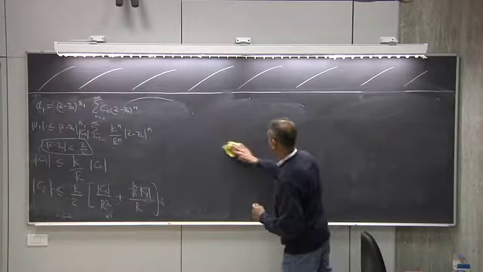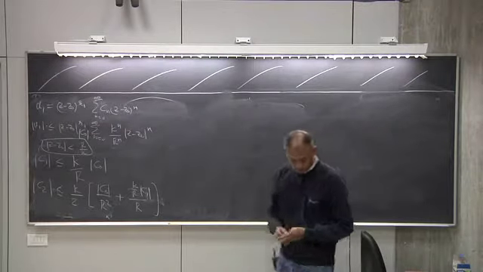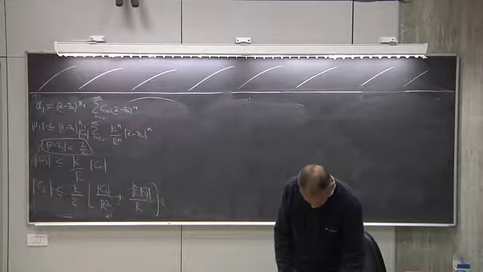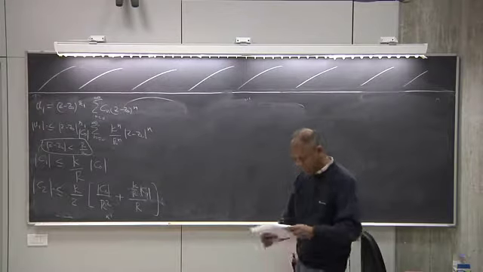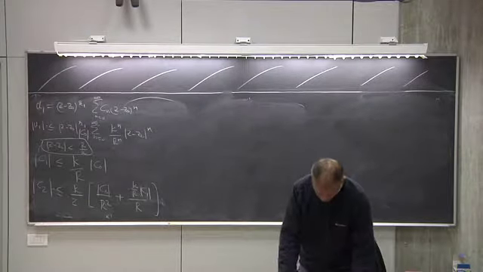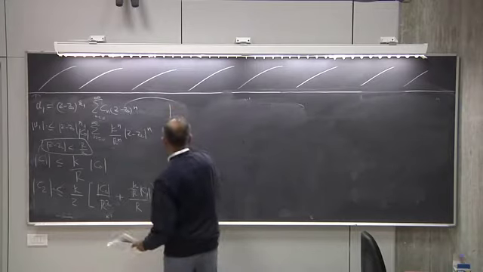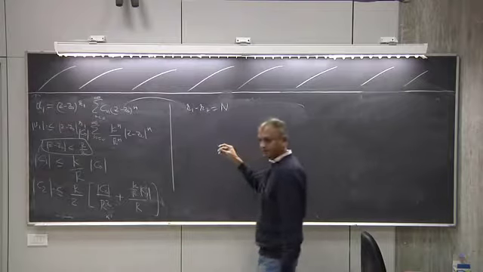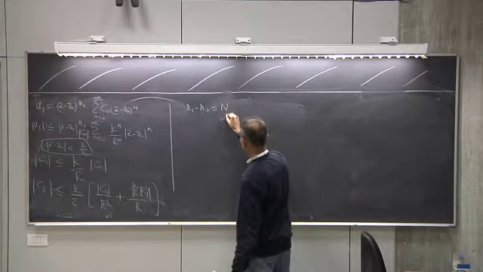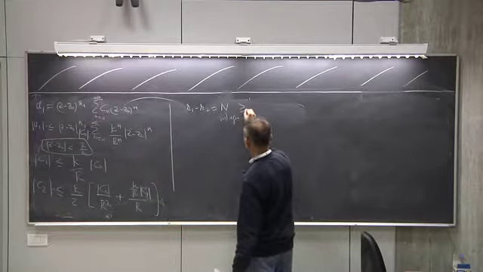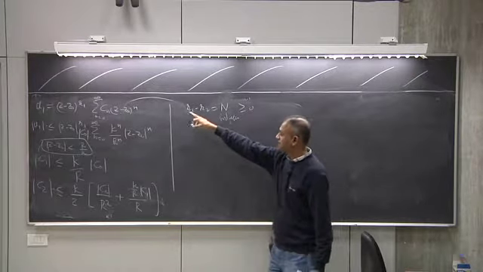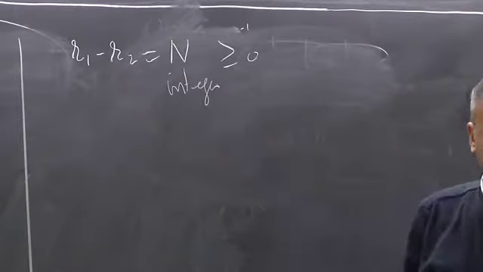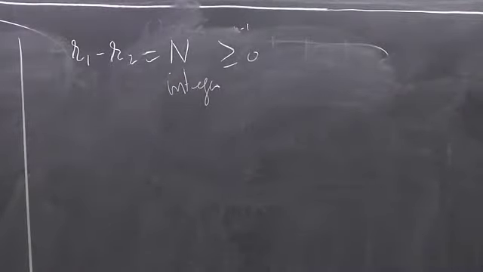So let's consider the case where r1 minus r2 is some integer N. This capital N is an integer greater than or equal to 0, because we have already said the real part of r1 is greater than or equal to the real part of r2. So with that convention, this is always a non-negative integer.